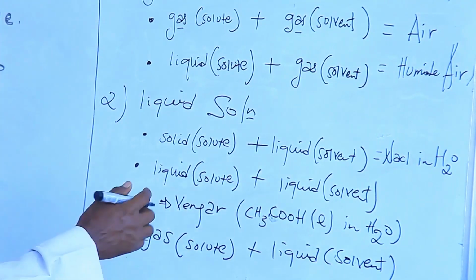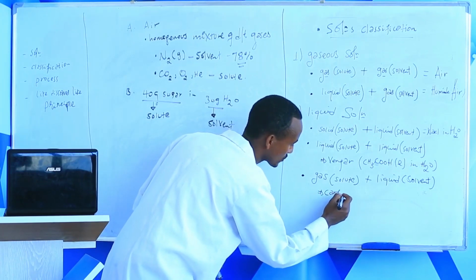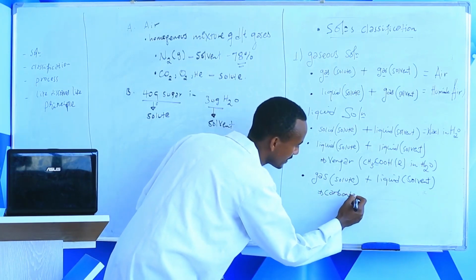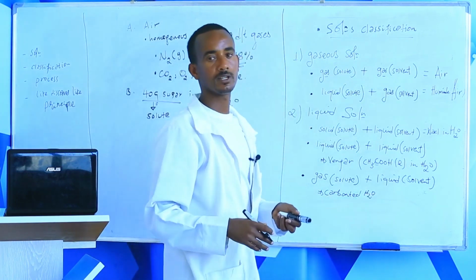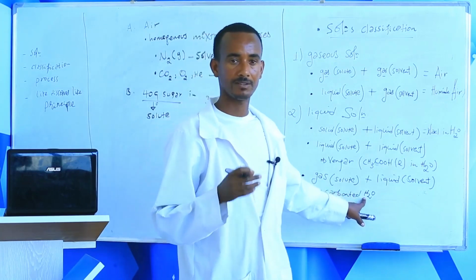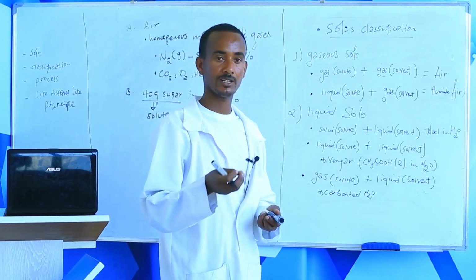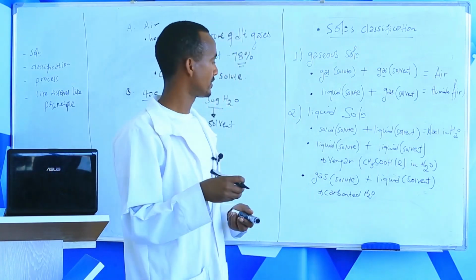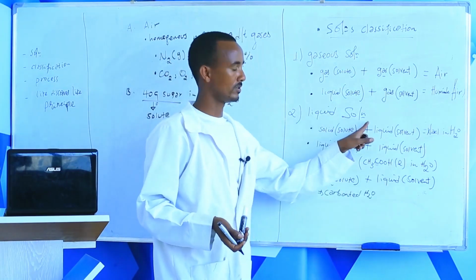A typical example for this one is carbonated water or soft drink. In the case of carbonated water, carbon dioxide gas is dissolved with the help of pressure in water. Therefore, this is an example of gas liquid solution.